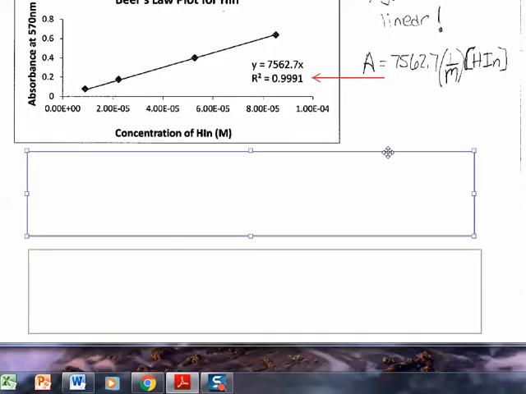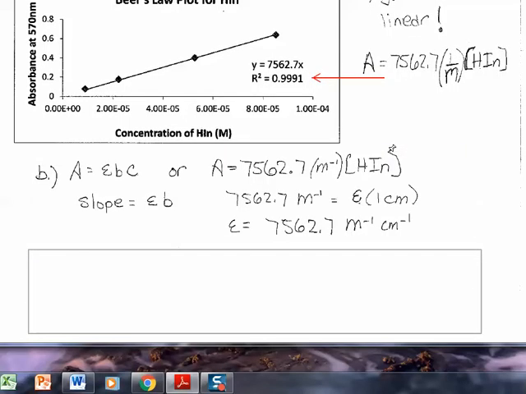In the second part of the problem, we're trying to figure out the molar absorptivity, or our epsilon value. We can find it from the slope of our line, because the slope of our line is what's before the concentration, or epsilon times b.